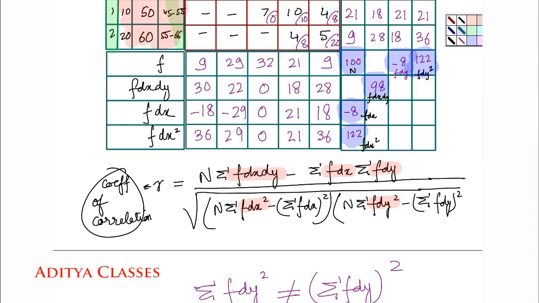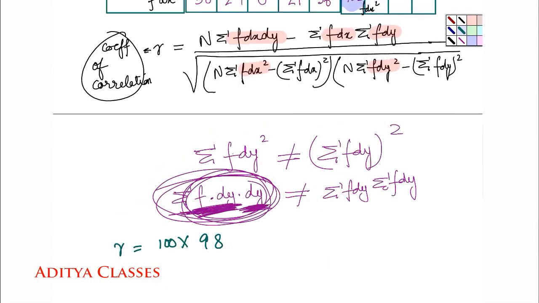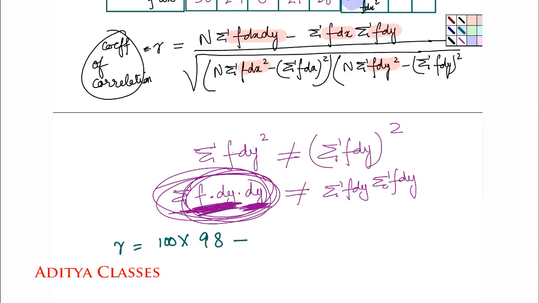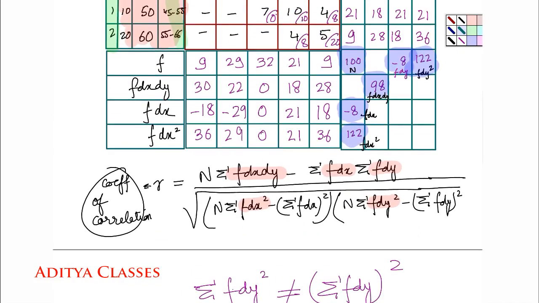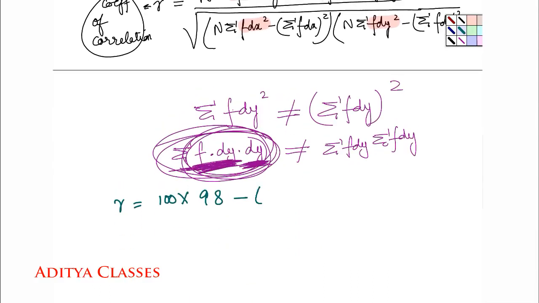This is f dx dy, 98. Then there is minus summation of f dx and summation of f dy. Summation of f dx is minus 8. Summation of f dy is minus 8. Both are minus 8 incidentally.